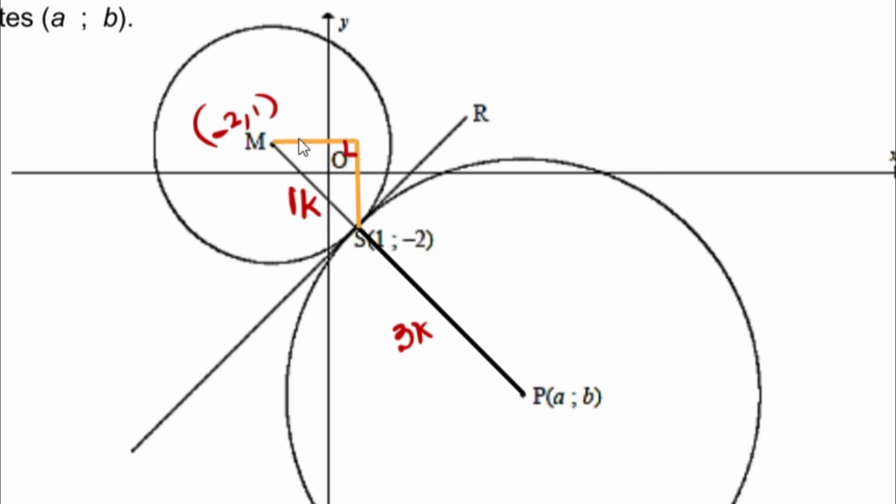If this is a horizontal line, the y-coordinate would also be the same. So the coordinate for this would be (1, 1). That would mean that the distance here is 3 and the distance here is also 3, right? Now if we construct a right angle triangle for MP, it is going to look like this.